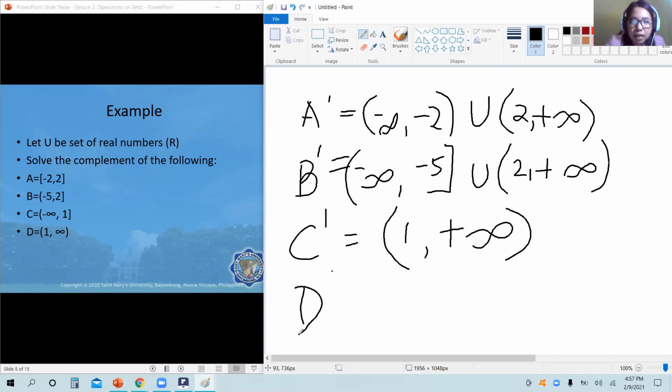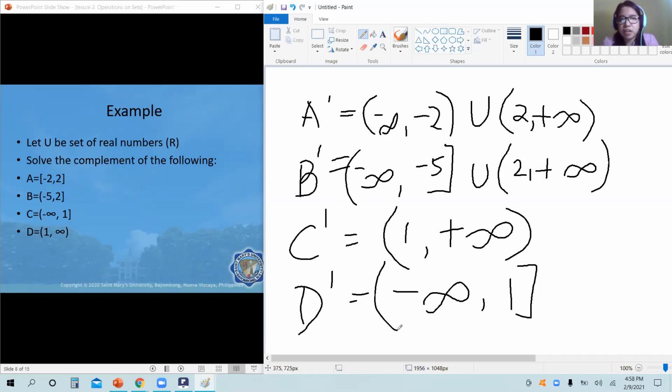And for D, it is from 1 to positive infinity, so we are going to consider the other side. So it's from negative infinity and 1 is included, because in D, 1 is not included, since in interval notation the symbol used is the round open parenthesis.